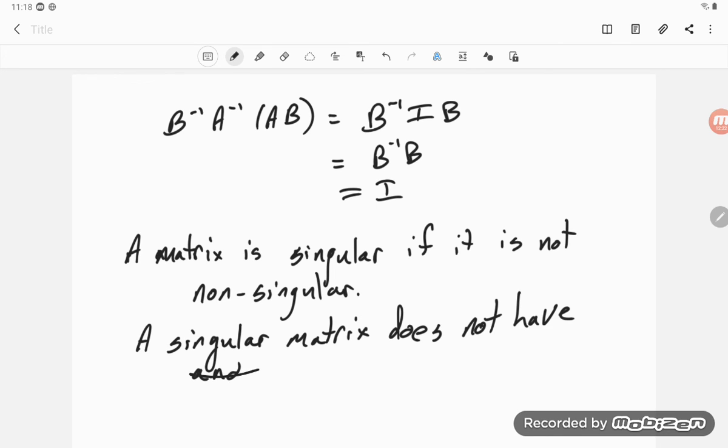Okay, and I think that's enough for introducing the beginning of 2.5. We have this idea of non-singular and invertible matrices, and we've got a couple properties. Okay, so we'll call that done.